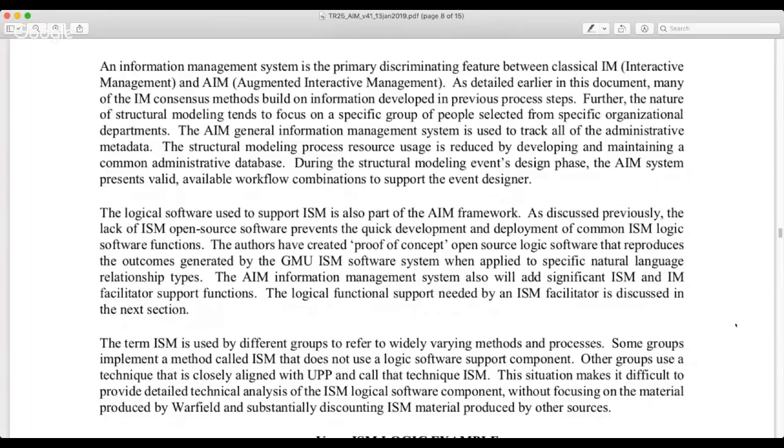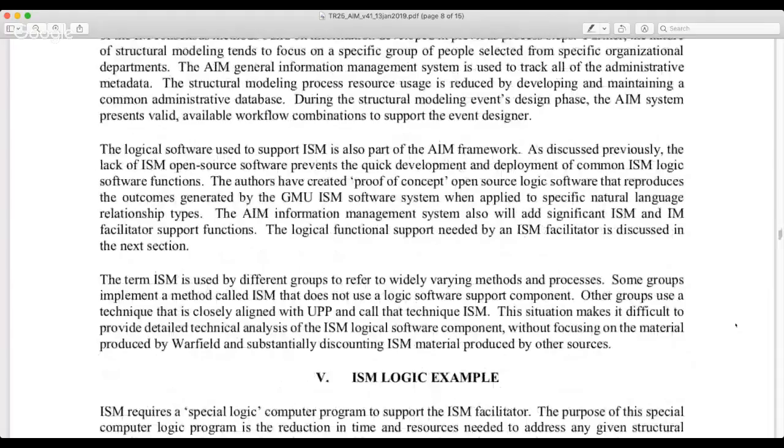The primary problem, and as I said earlier, people that are writing software to support ISM, people that are studying in all different fields, have made comments about this, is that there are many different kinds of methods and activities that are called ISM.